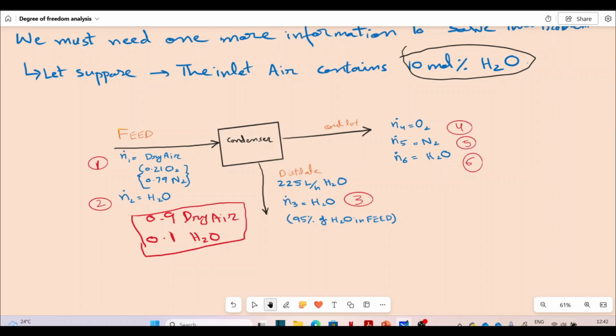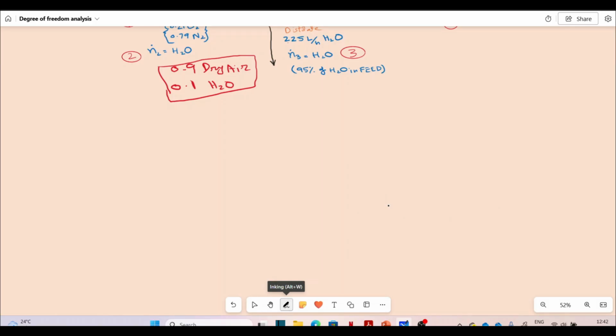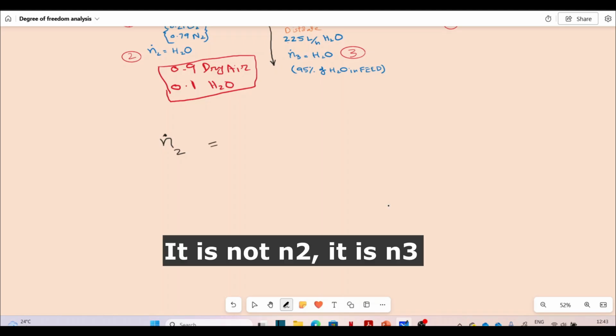In the next step, I will write the simple equations. So the very first relation could be the density relationship. So that is the N2 molar flow rate. We can convert 225 liter per hour of water, multiply by the density, that is 1 kilogram per liter of water, that is the water density.